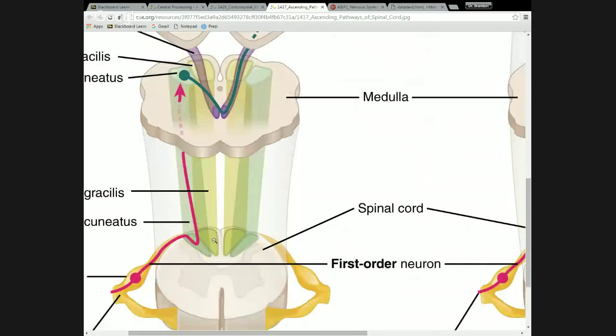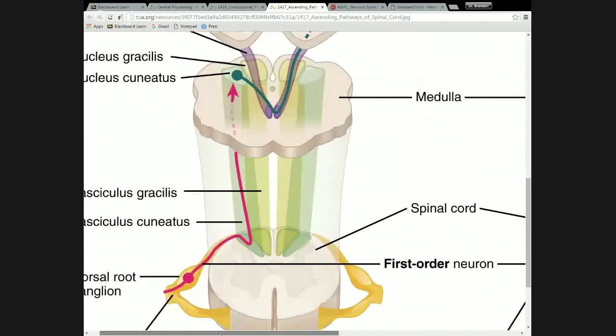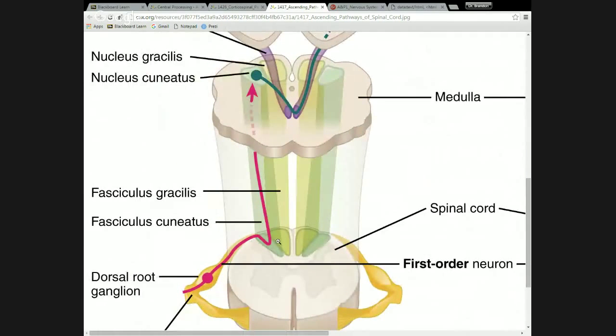In the dorsal column, there's a little bit more information here in the picture. In the dorsal column, the white matter is actually split into two regions. There's a lot of different names for bundles of axons in white matter. Fasciculus is just one of those names. But there are two bundles that are in the dorsal column. There's the gracilis and the cuneatus.